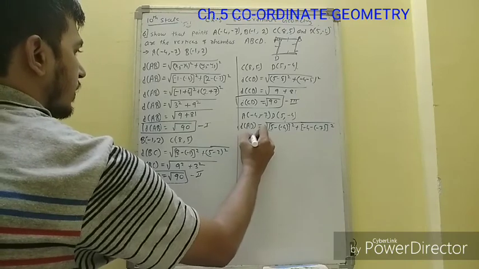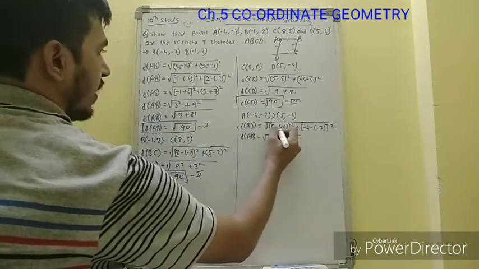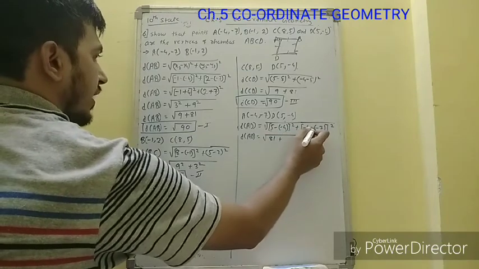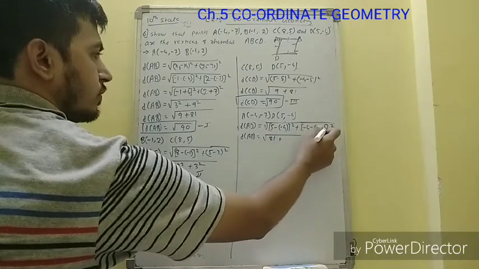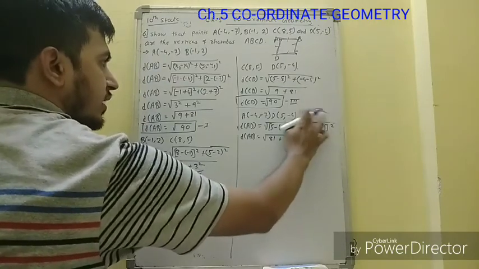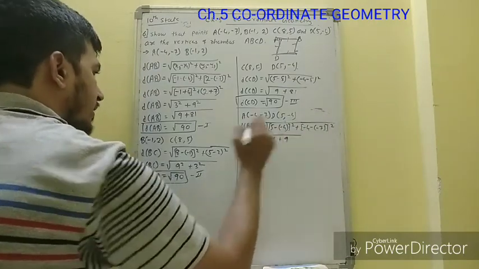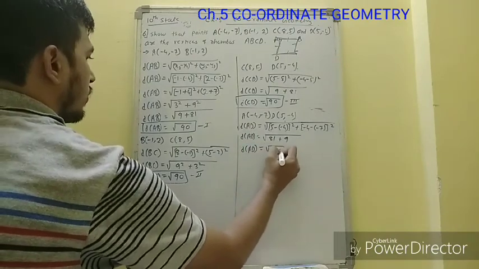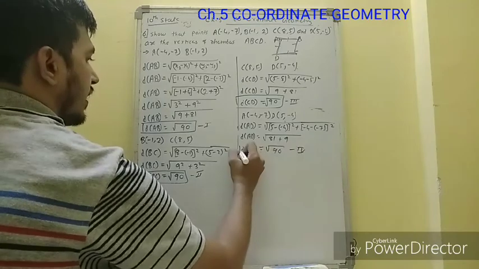Distance AD is equal to 5 plus 4 is 9, 9 square is 81, minus 4 minus of minus 7, so minus 4 plus 7 will be plus 3, and plus 3 square will be 9, and distance AD will again be the square root of 90.